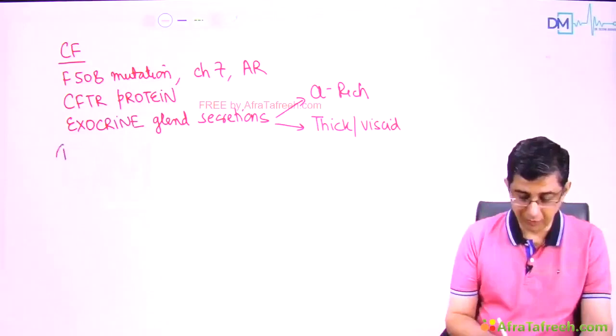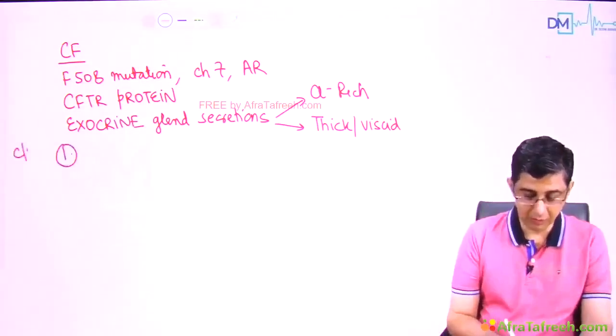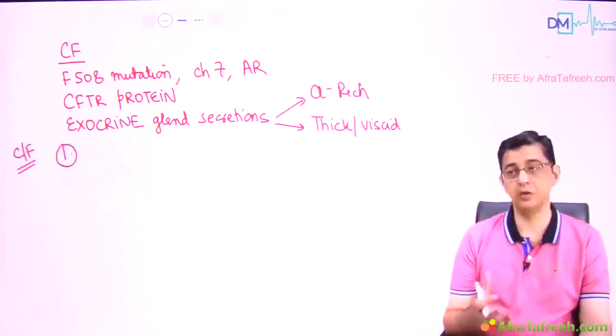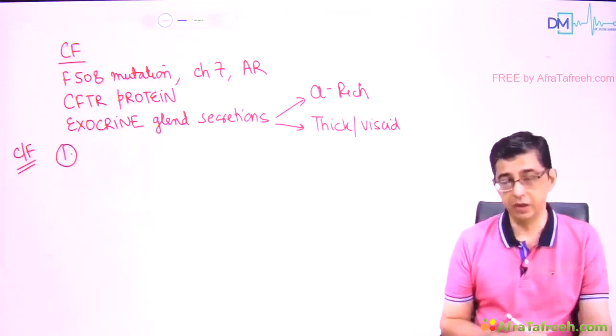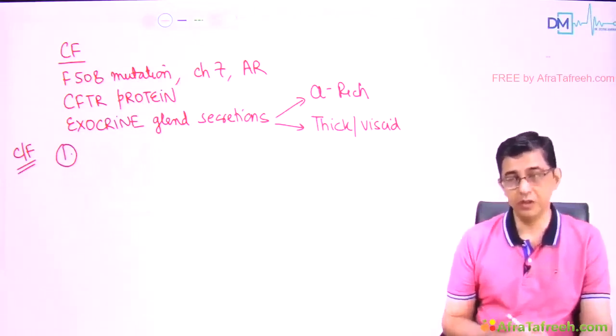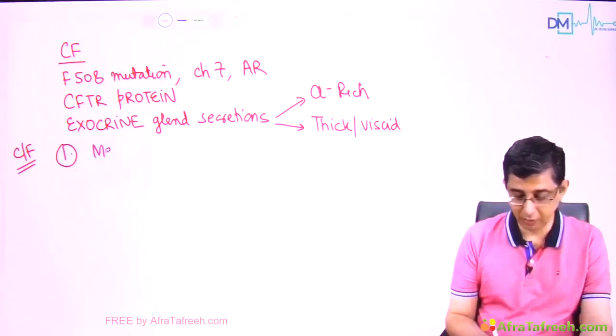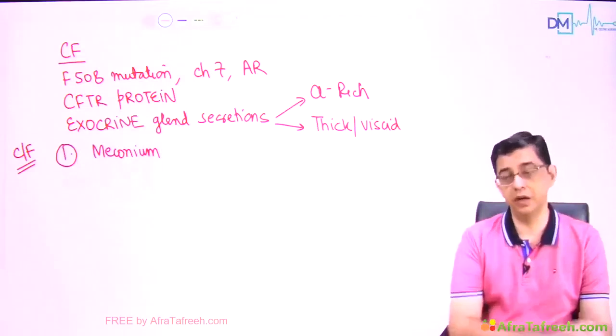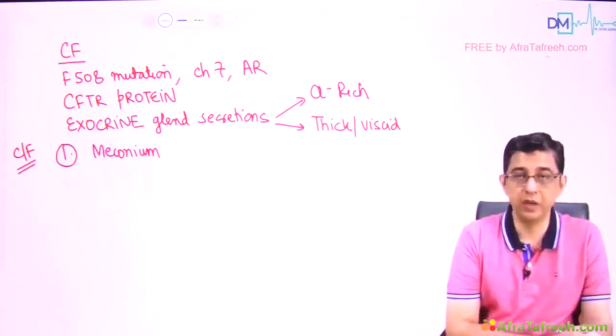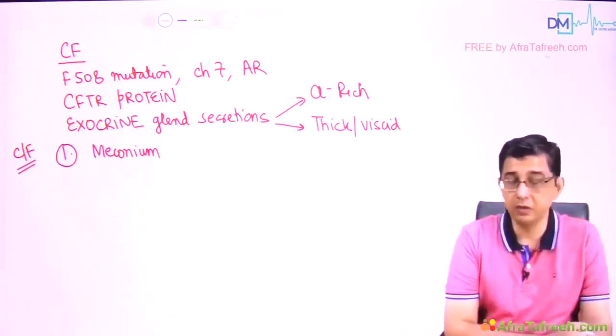If the question begins by asking what is the earliest clinical feature of cystic fibrosis, then do not answer bronchiectasis and pneumonia right away. The early manifestation in this patient is based on the fact that the first stool of the baby, you know, is meconium. It is jet black in color and should be expelled in the first 24 hours. Now see, the baby was inside the mother for so long, the stool should have solidified.